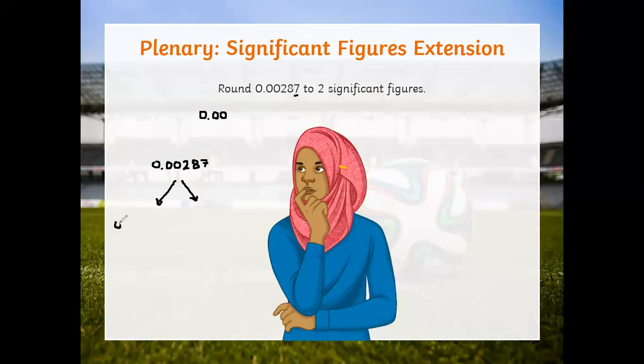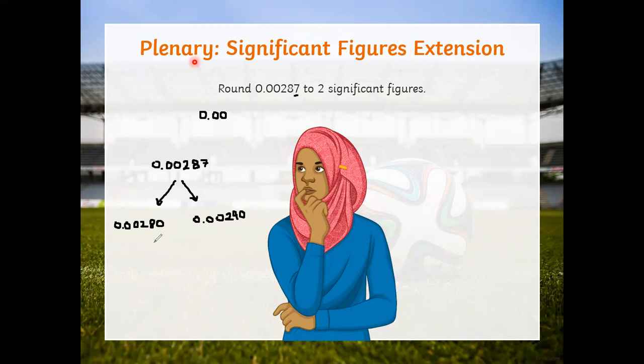It can be rounded down to 0.00280, or it can be rounded up to 0.00290. Okay, and in this case, it's above the halfway point.